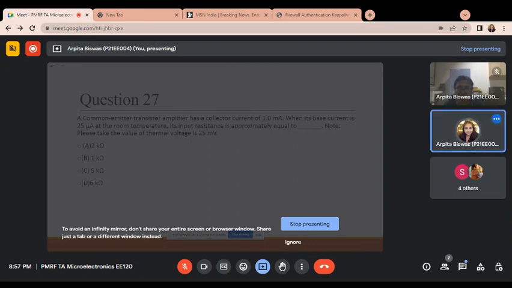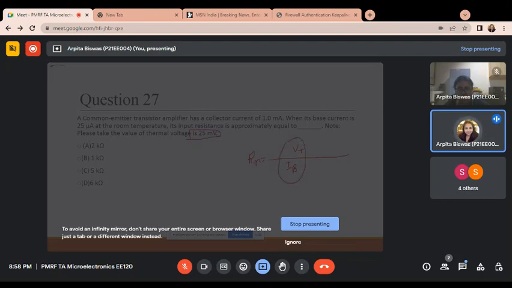Here you have to find out the rπ. The common emitter transistor amplifier has a collector current 1 milliamp. Okay, IC given. What is the base current here? 25, at room temperature. The input resistance rπ you have to find out. Yes, 1K is coming roughly. You have to carefully see that VT is given. So just put the equation: the thermal voltage divided by base current. This is because rπ is on the input side, just voltage divided by base current.